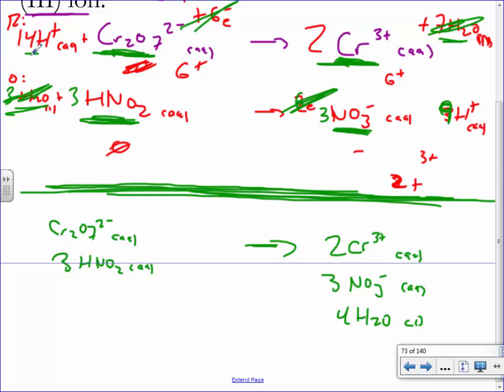What about my hydrogens? There's 14 here and 9 there. 14 and 9 leaves you with a net of 5 on this side here. And I think I've now covered everybody. So I know this is a bit different way of me writing it, but this should be my net balanced equation.